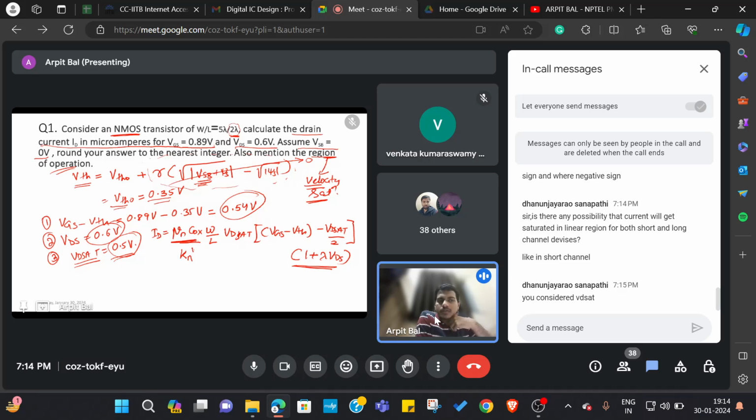No, it won't. While solving, you may arrive at such a condition, but most likely it is because you are not taking the other significant figures. It is not going to get saturated if it is in the linear region.